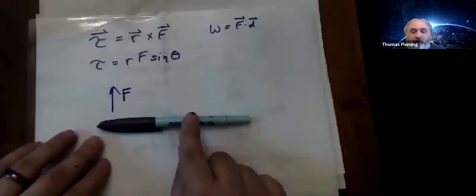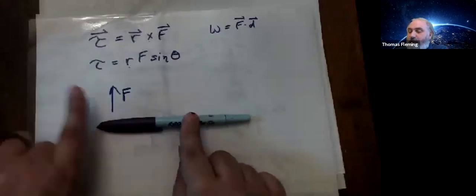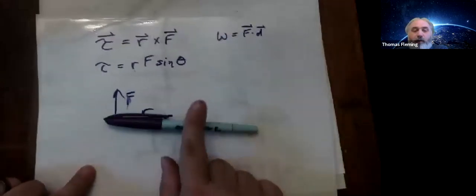If I'm grabbing and pulling it with a force perpendicular to the stick, F points this way, r points from the pivot to where I'm touching it, so r points that way. So it would be however big this force is times however big this distance is times the sine of the angle between those two things, which is 90, and the sine of 90 is 1.